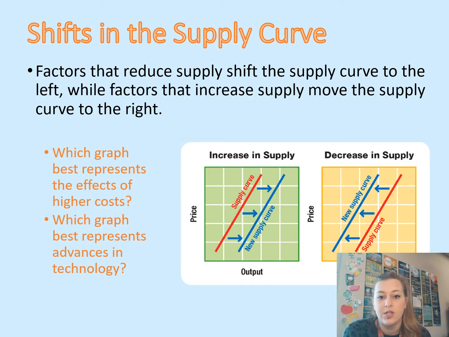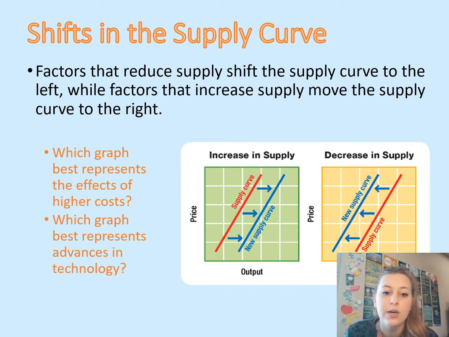So when we have a shift in the supply curve, just like with the demand curve, we shift the supply curve to the right or to the left. So an increase in supply is going to result in a rightward shift, while a decrease in supply is going to be indicated by a leftward shift.